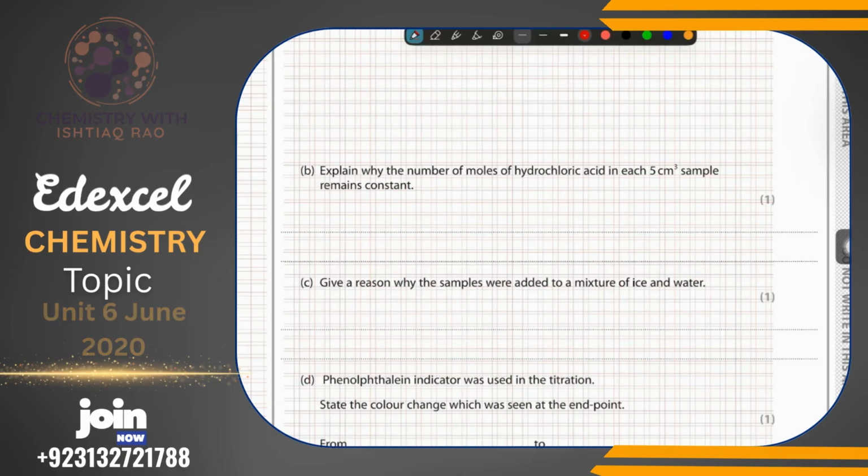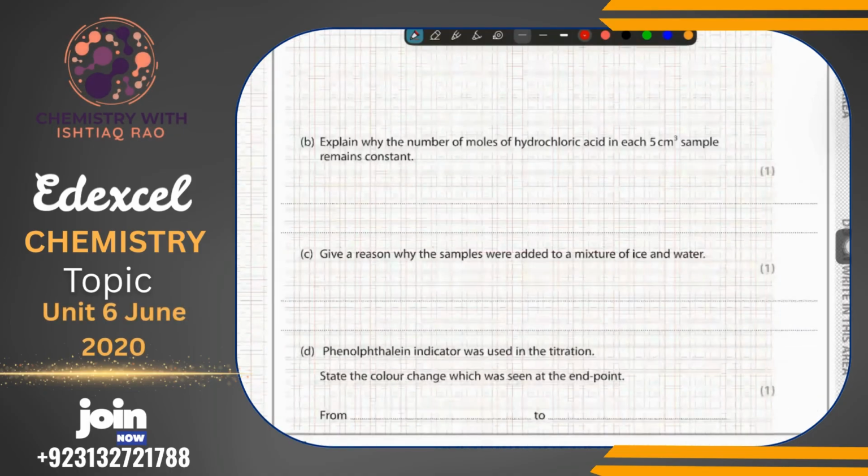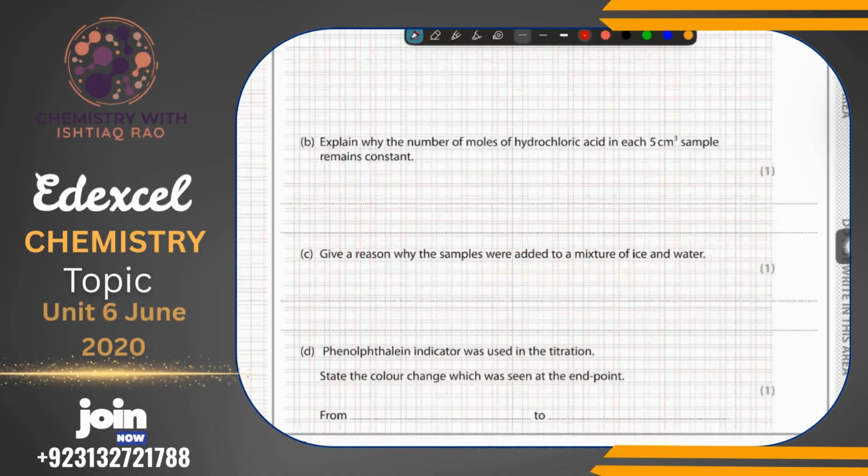That's why. So what am I supposed to write in this one? I can say HCl acts as a catalyst. Exactly. Acid acts as a catalyst. Yes.